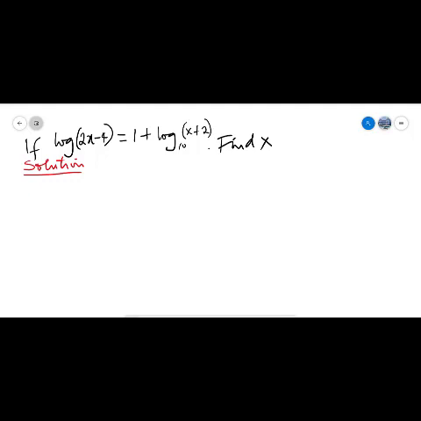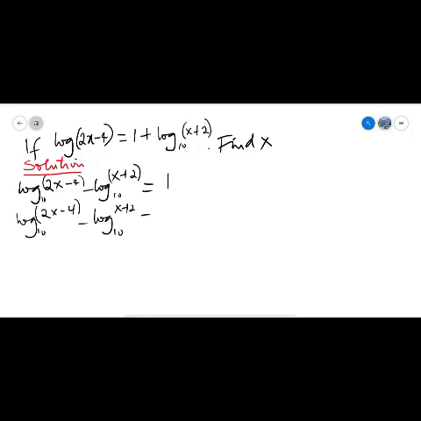We have log (2x minus 4) base 10 minus log (x plus 2) base 10 equal to 1. So we have this is equivalent to, we convert the 1 to log 10 base 10. Log 10 base 10 will give us 1.